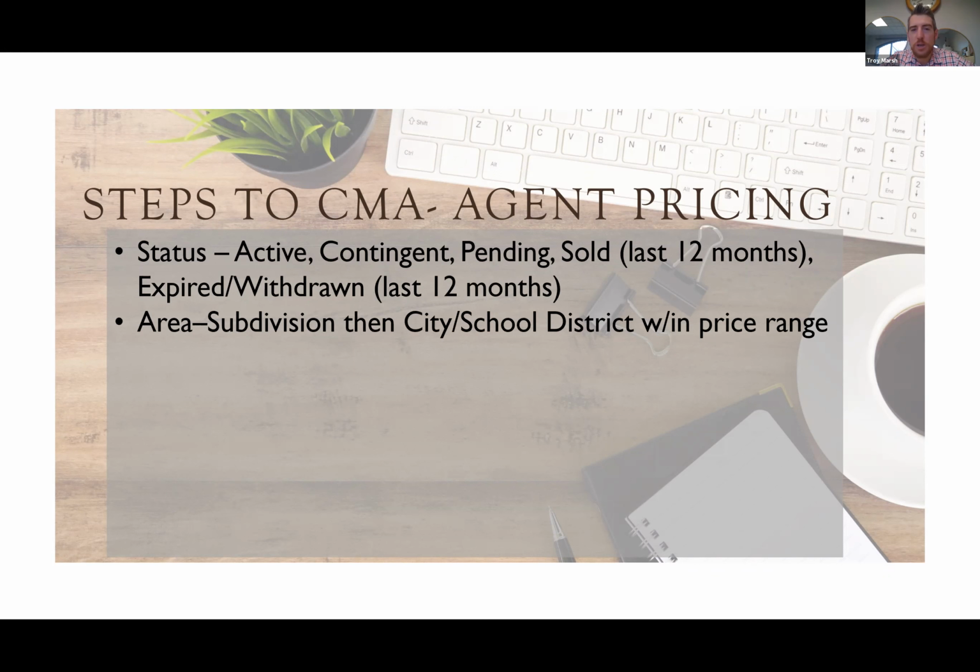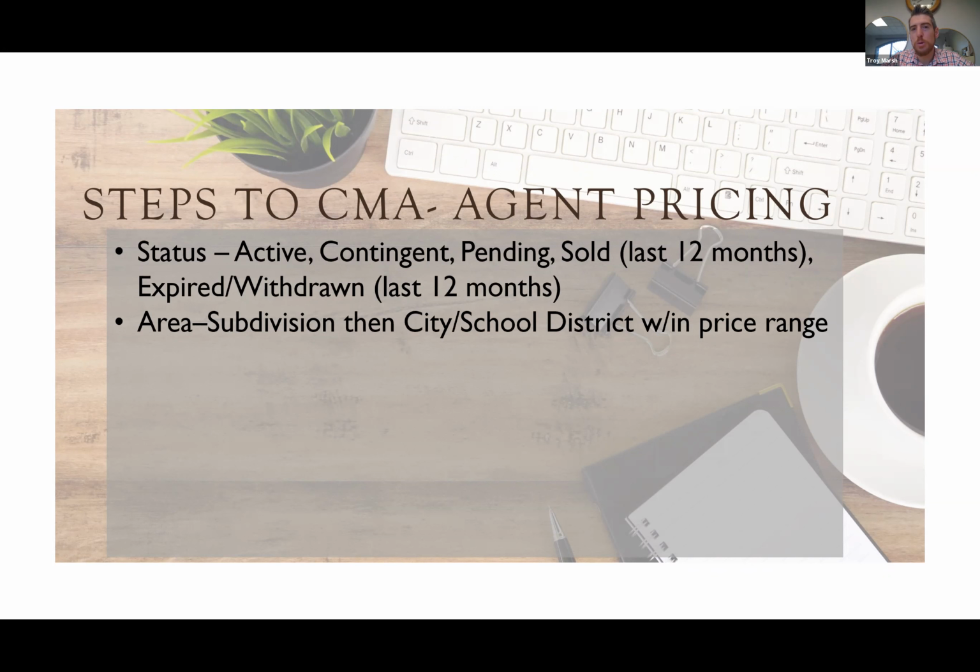But I'm always going to do my best to stay within that subdivision. And rural properties are their own animal altogether. When you get very rural, you usually have to go out like 5 to 10 miles a lot of times to find stuff. And then again, I would just heavily weight the comparable properties that are nearest to it.